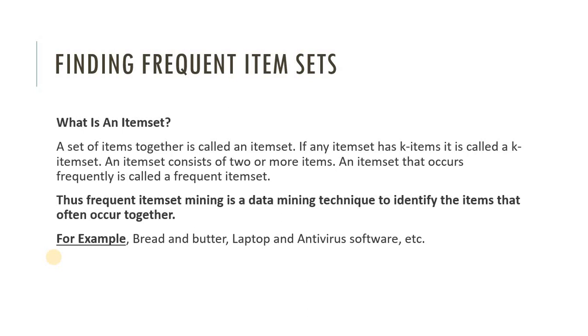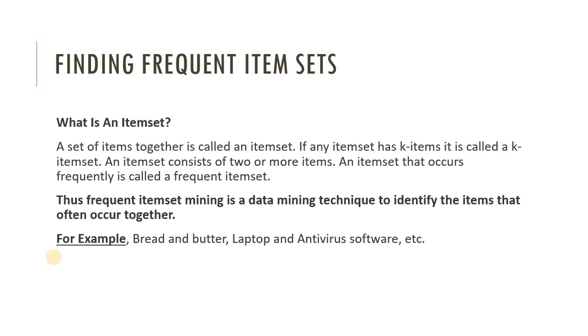So the item set has k items, where k means 3 different products. So it is called a 3 item set. There is one item set, and that item set has 3 different products. Each is a unique item, and all products together create a 3 item set.